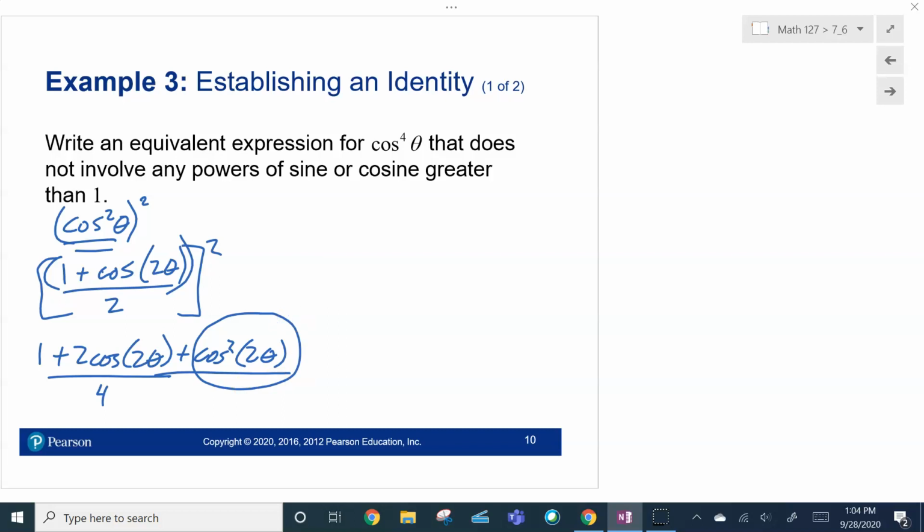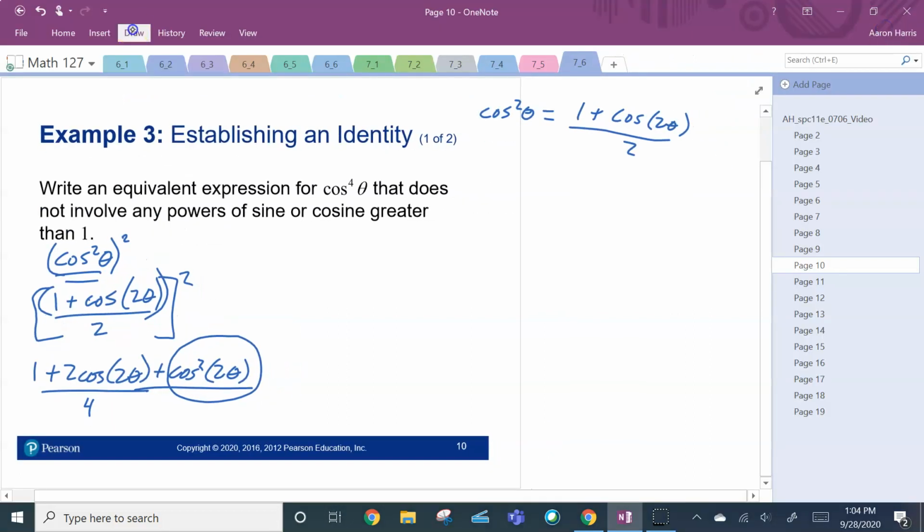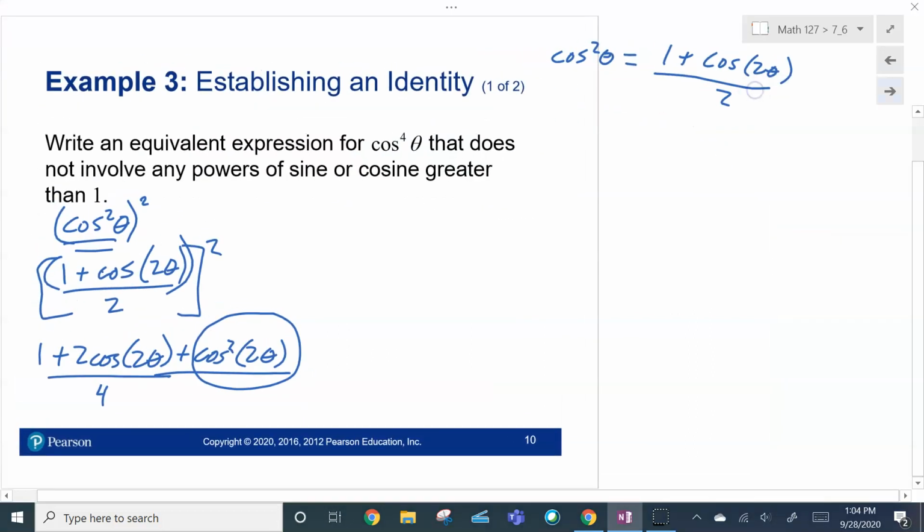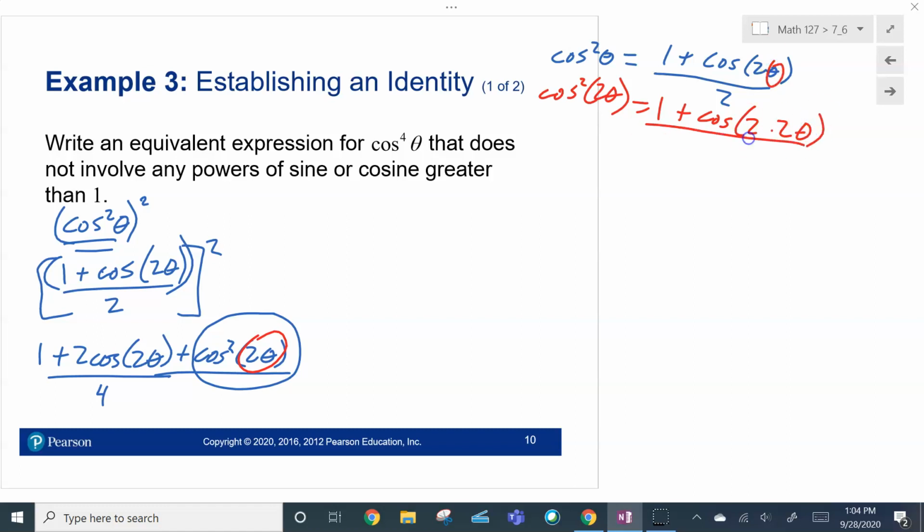So again, I'm using the fact that cosine squared theta is 1 plus cosine of 2 theta all over 2. But this time, notice I have 2 theta in there. So cosine squared of 2 theta would be 1 plus cosine of 2 times, what's theta? It's 2 theta here.